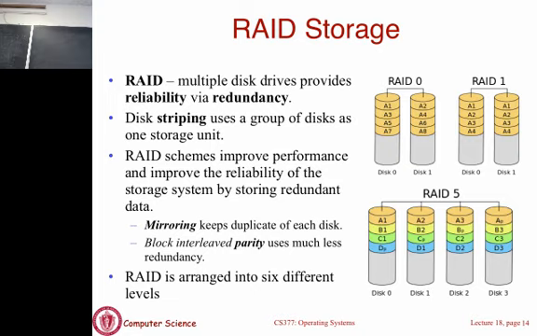So when our OS is reading or writing to our hard drive, it considers it a single logical drive, but it's actually backed by, say, 4 different physical drives. And there's a few different ways that we can use this to help us.